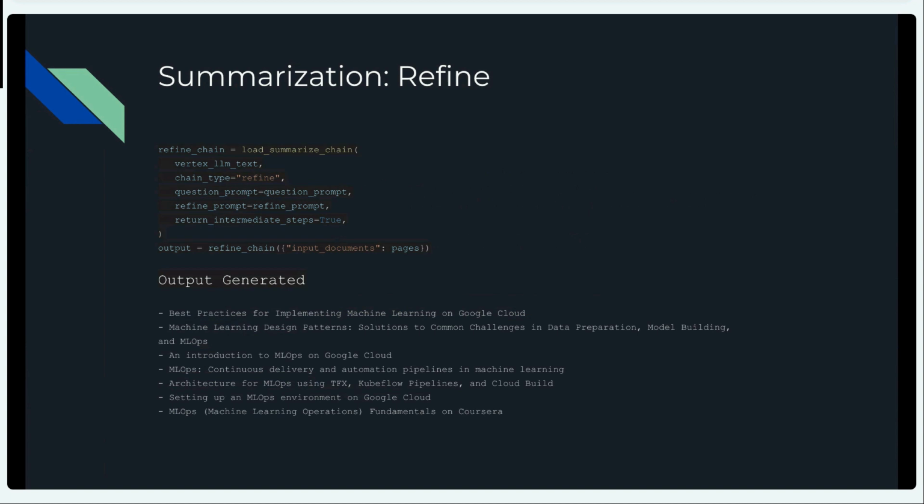You specify your chain type as refine. You specify your question prompt. You specify your refinement prompt, and then you get some generated summary. This is how the refine method works, and these are the well-known three methods from LangChain when it comes to summarization of large documents.